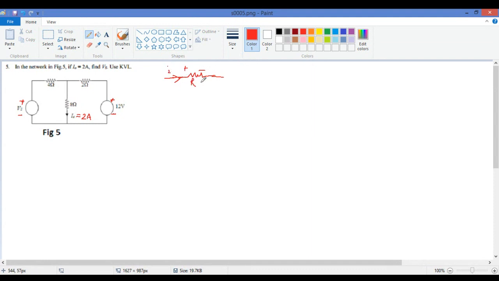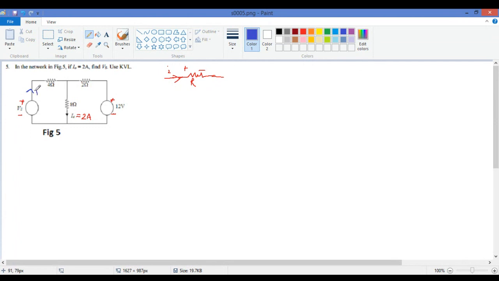Now let us make this logical. Suppose you have a voltage source Vs, then how much current is flowing? Let me call this current Is.